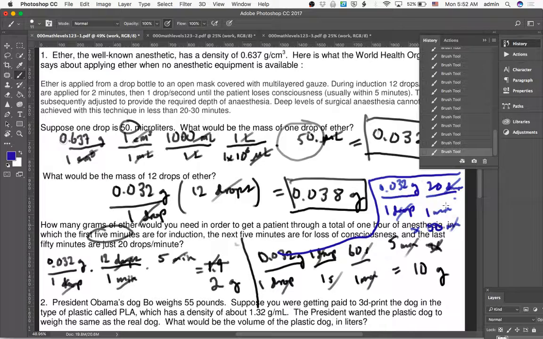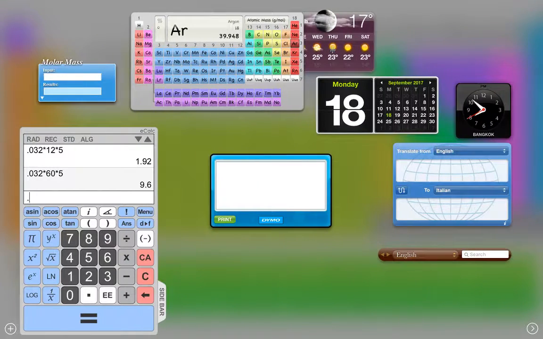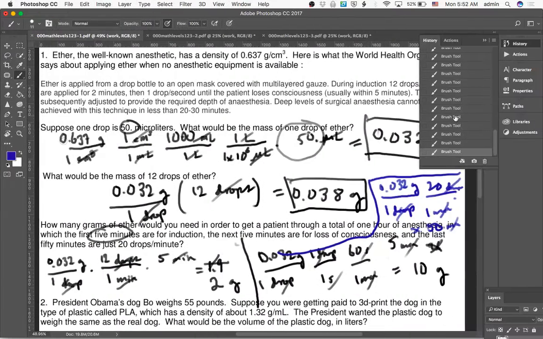This is minutes on top, this is minutes on the bottom. 0.032 times 20 times 50. So that's 32. But again, there's only one significant figure, so this is 30. So this is going to equal 30 grams. So the answer is 30 plus 10 plus 2 grams.